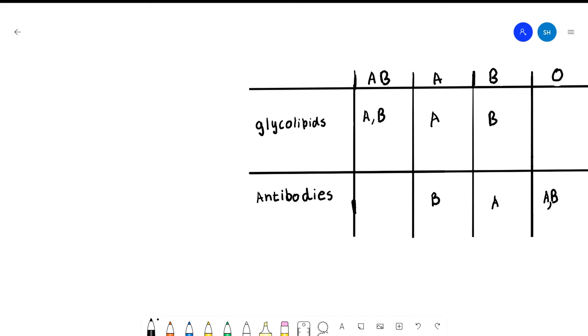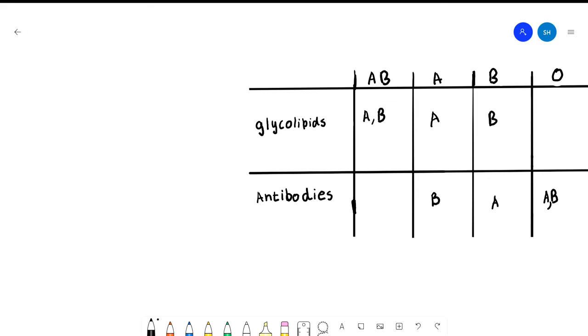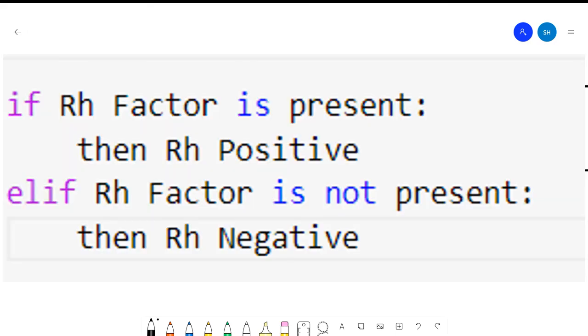Another step that has to be done in order to complete this test is the Rh typing, which is used to figure out if you have Rh positive or Rh negative. When this type of blood typing is done, the physician checks for the Rh factor.